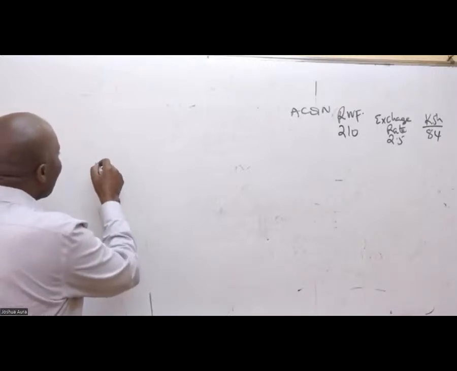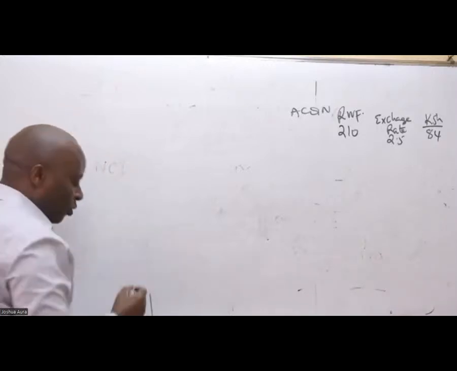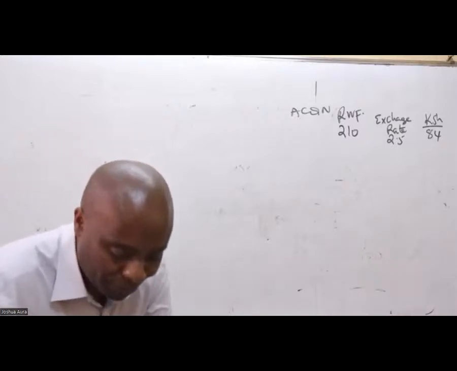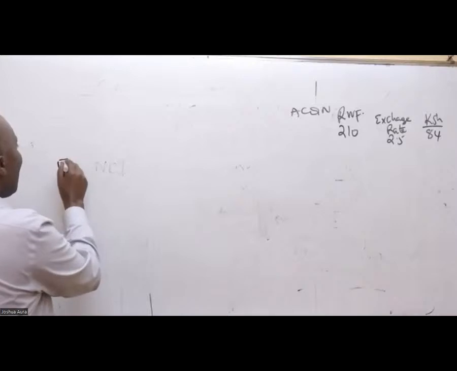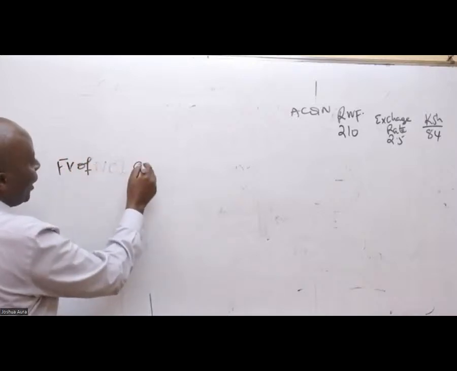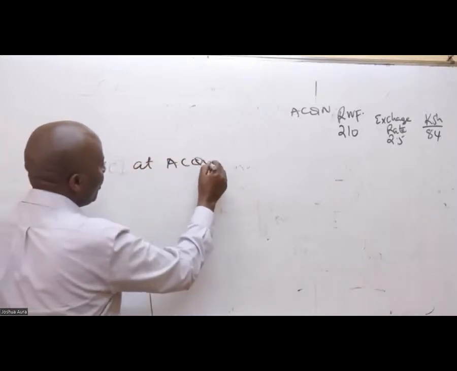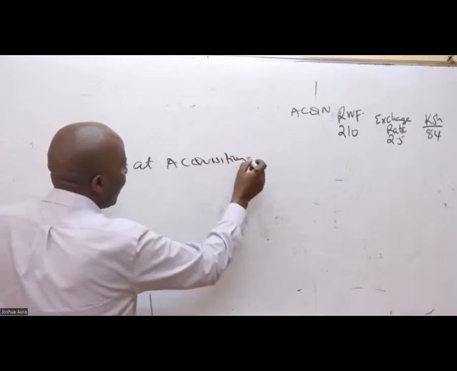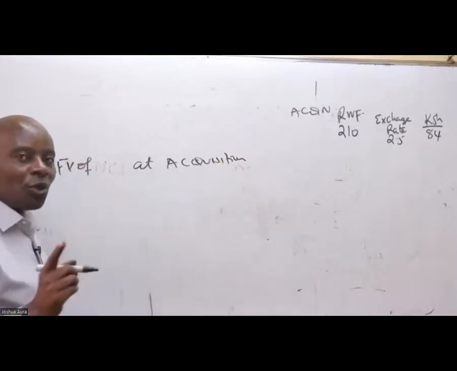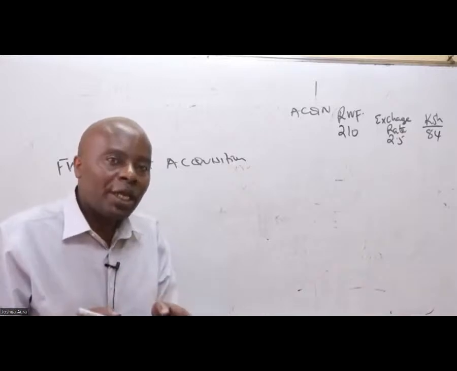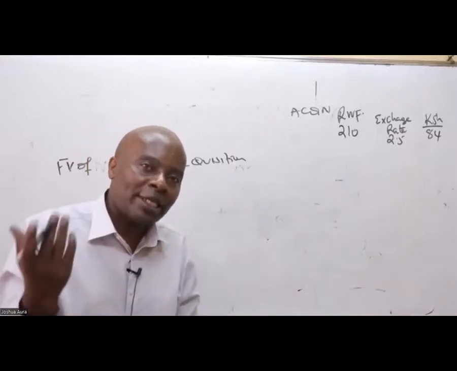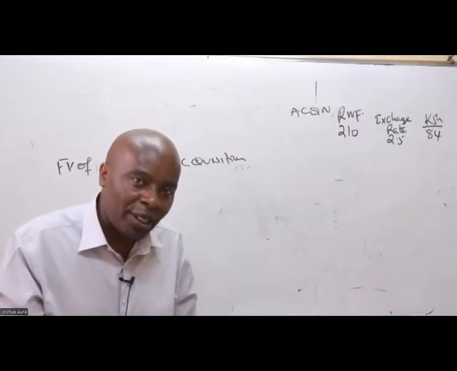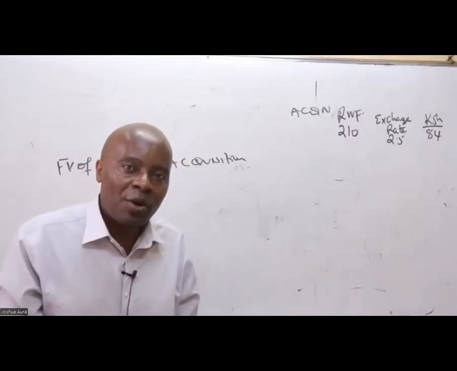We have fair value of NCI at acquisition. So at acquisition, we shall look at how many shares these guys have. 10 shares. The market is willing to accept these shares at how much? Maybe 20. So take 10 times 20, 200.